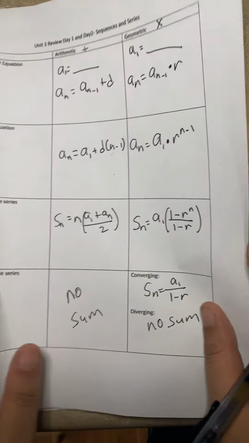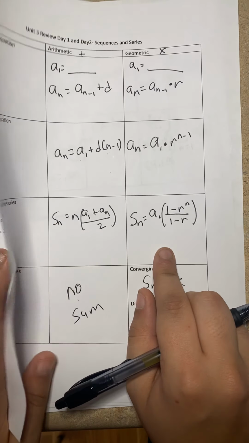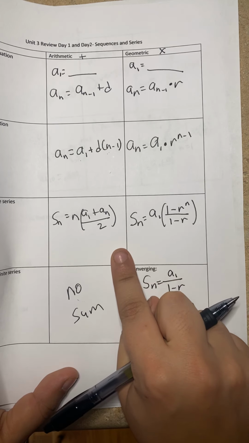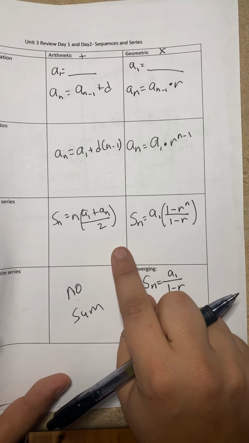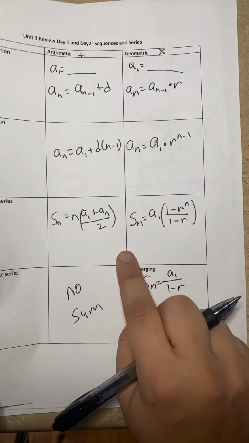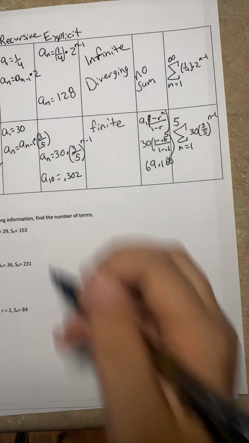Both of these have an a sub 1, but only arithmetic has an a sub n. The biggest thing is that 8 doesn't give me r. That's why I know it's not geometric, because for geometric, both equations have an r value. So this is arithmetic.